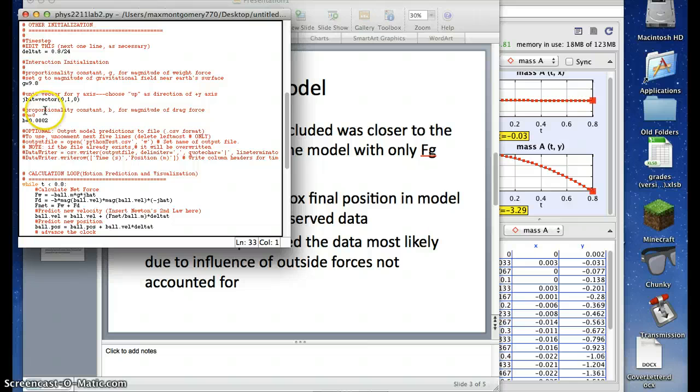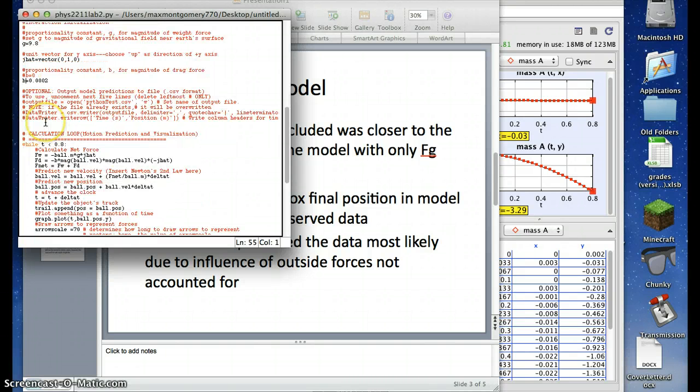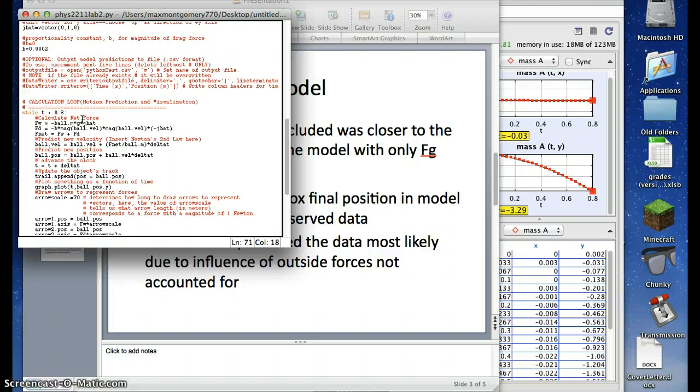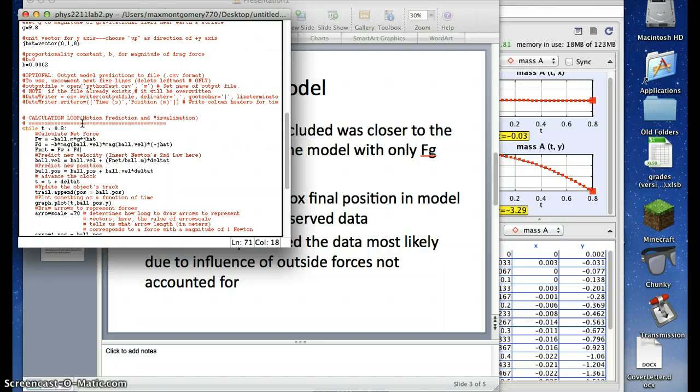I commented out the parts that involve the drag force here, this coefficient b, and that information gets put into this F net equation. So when b equals 0, it pretty much negates the drag force, and you can see that there.